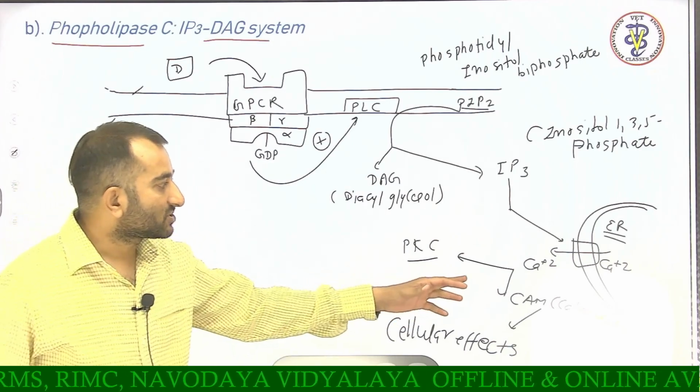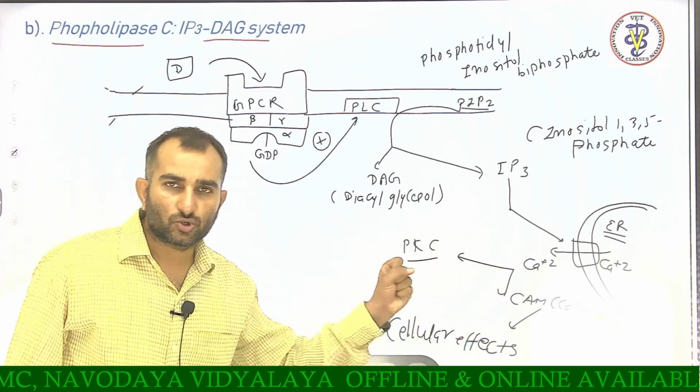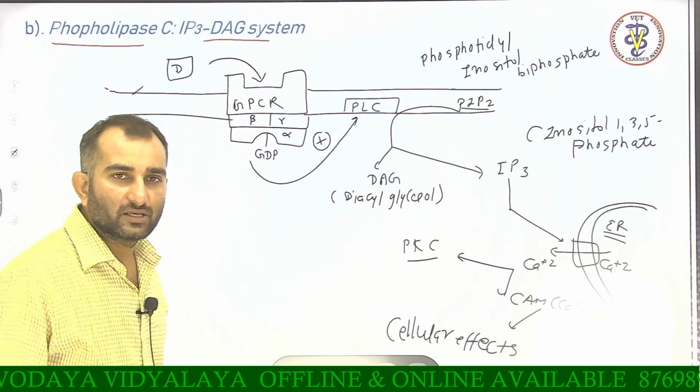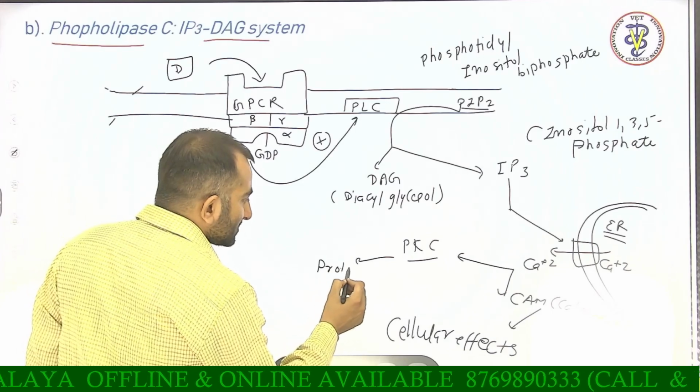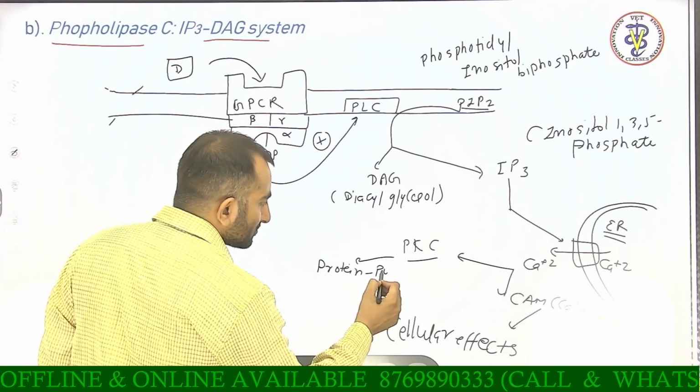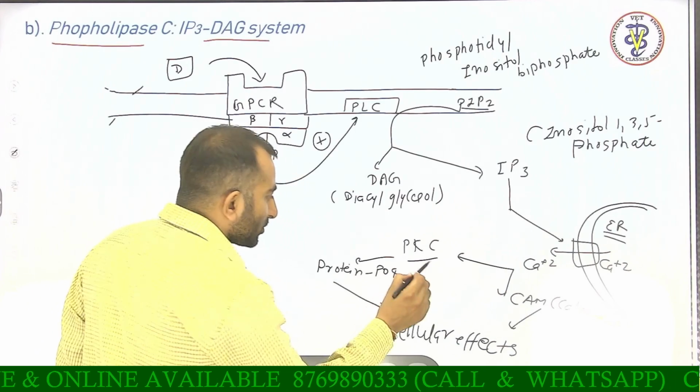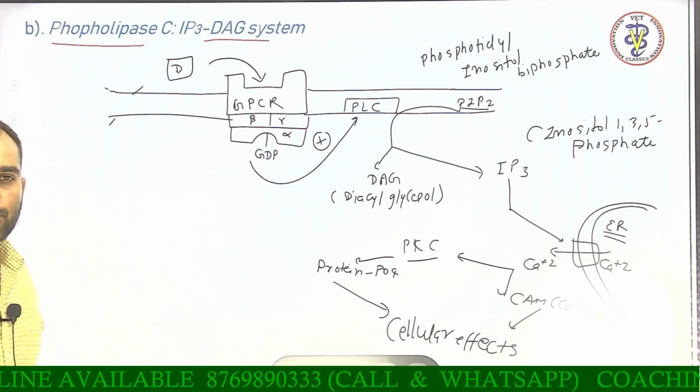The increased concentration of calcium activates protein kinase C, which can again phosphorylate the protein, and phosphorylated proteins again produce different types of cellular effects.